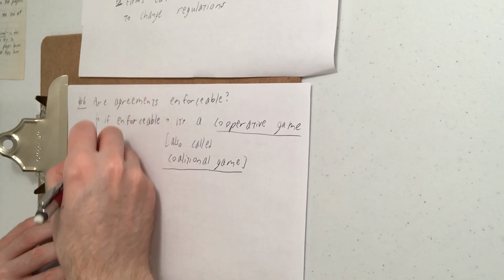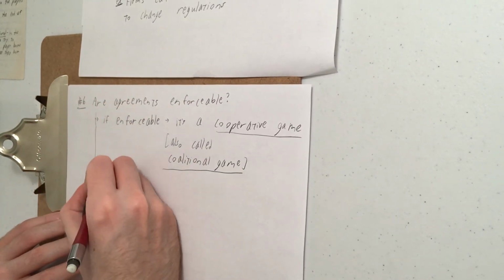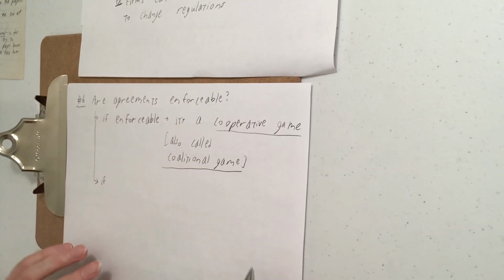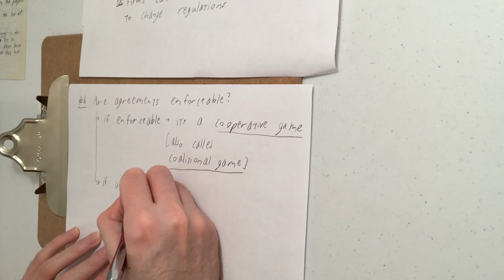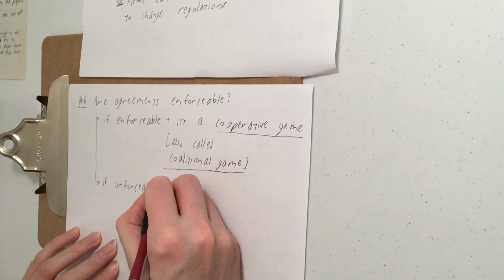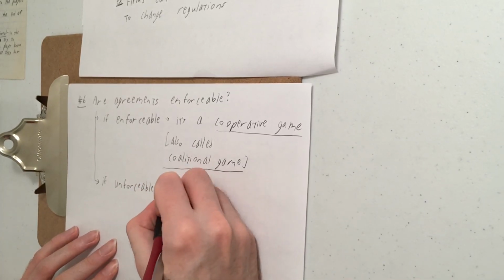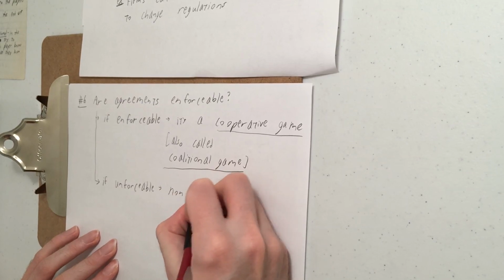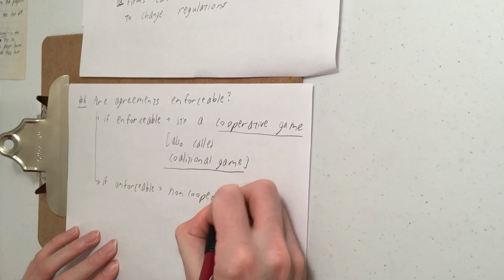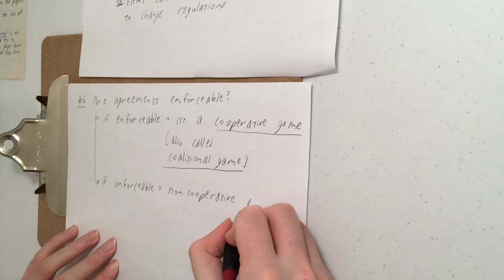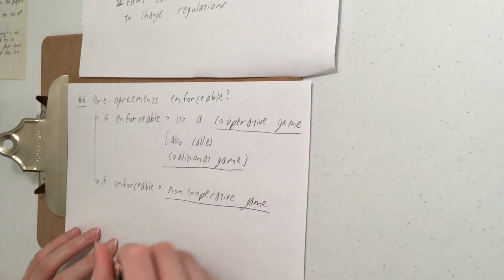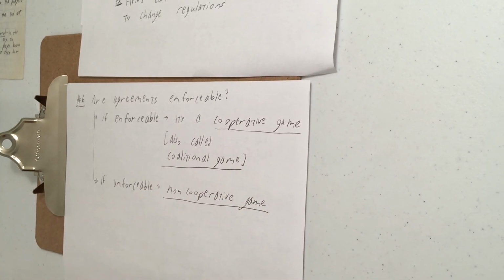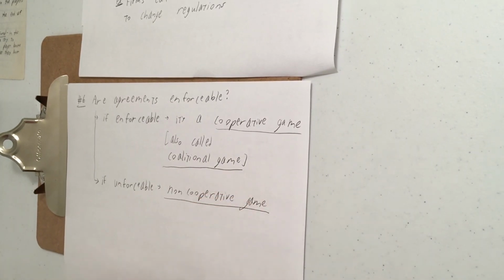Now, what we'll look at here in this class is mostly about unenforceable agreements. We call those non-cooperative games. That's going to be the focus of the vast majority of this class.